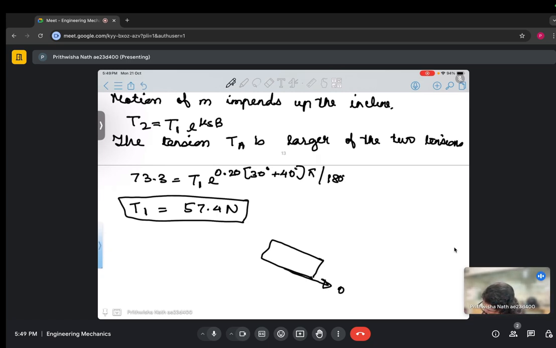So it is 0.4 times the normal force. This is the normal force, this is mg, and this is the upward tension, that is 57.4.